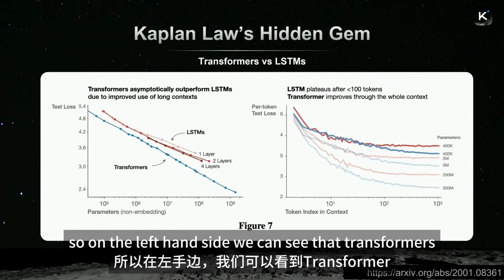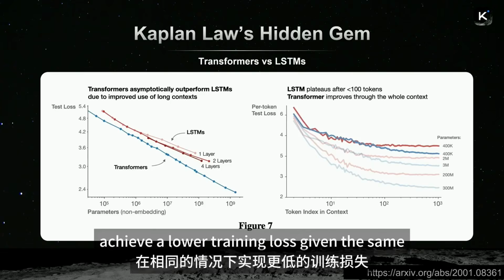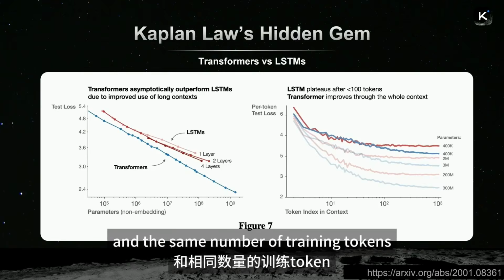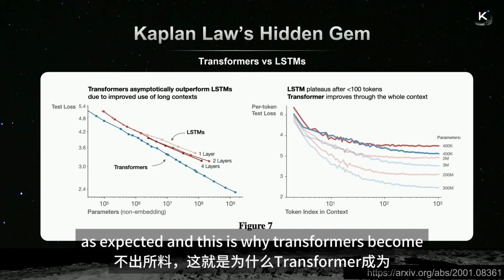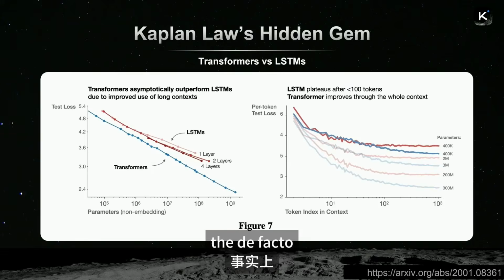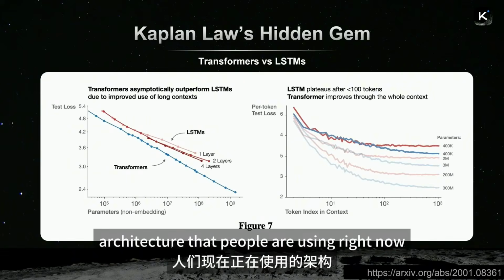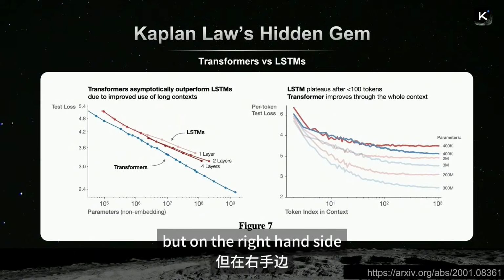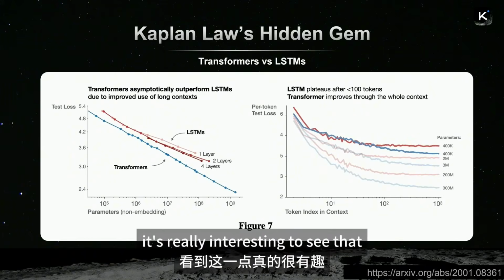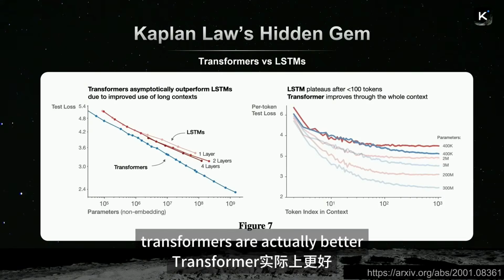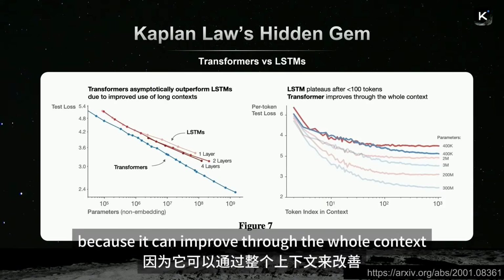So on the left-hand side, we can see the transformers achieve a lower training loss given the same number of parameters and the same number of training tokens as expected. And this is why transformers become the de facto architecture that people are using right now. But on the right-hand side, it's really interesting to see that transformers are actually better because they can improve through the whole context.